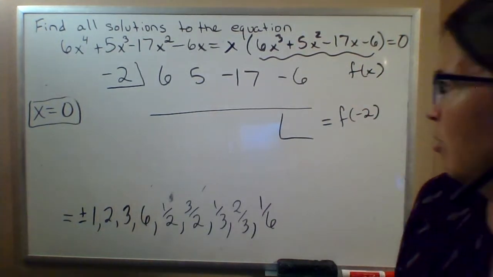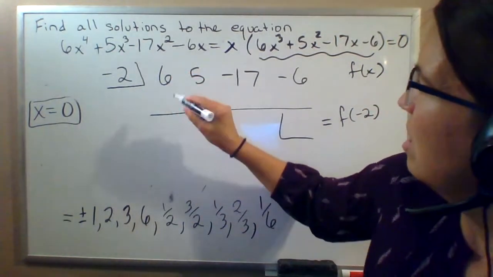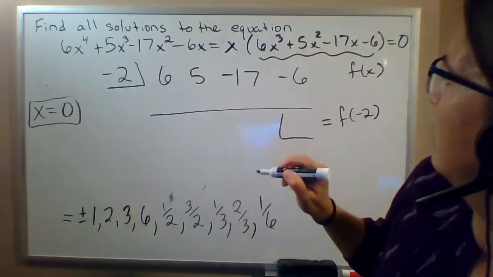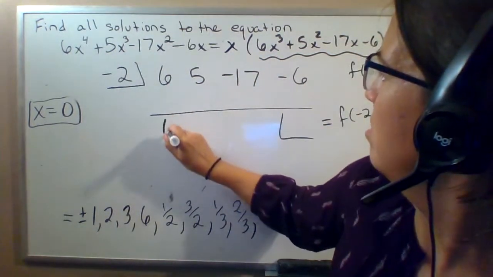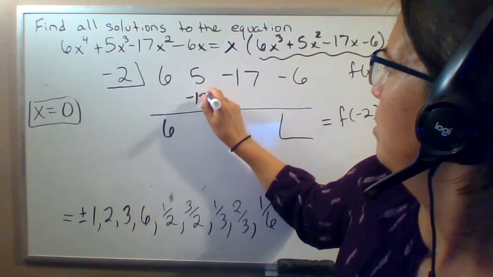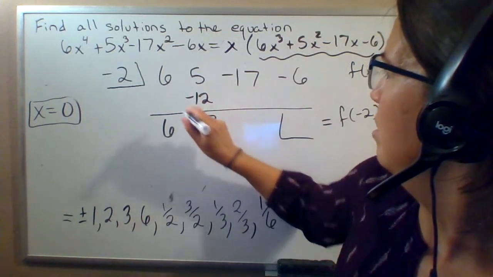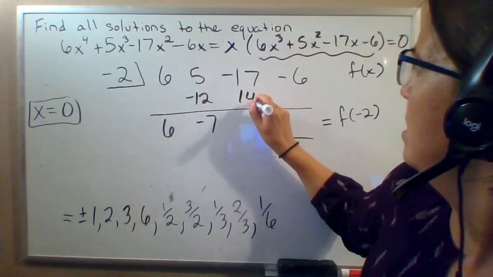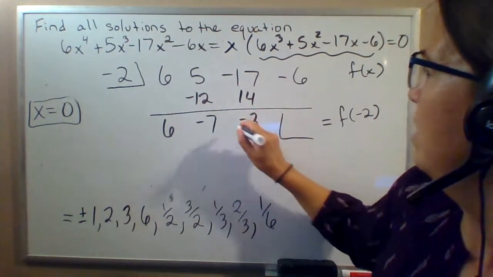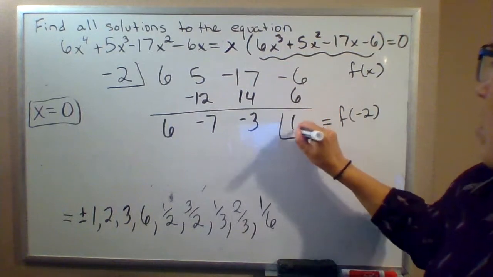It's the same thing you would get if you plug negative 2 straight in. So if you bring the 6 down, then this is negative 12. So negative 7 here, so this will be positive 14. So negative 3 here, and then positive 6 and 0.